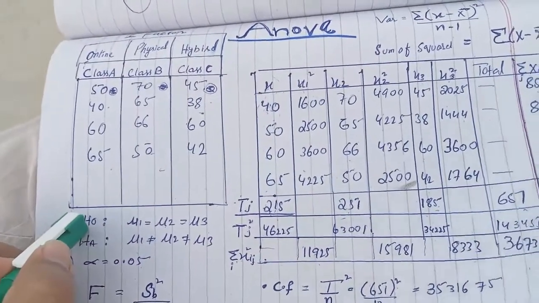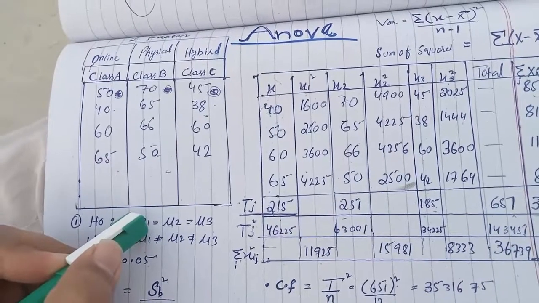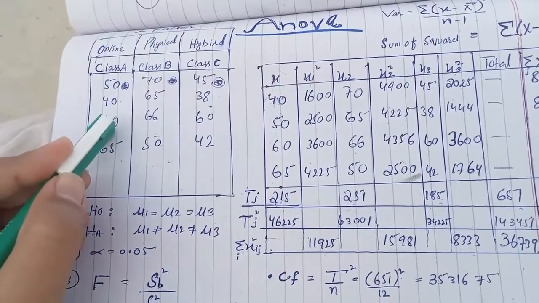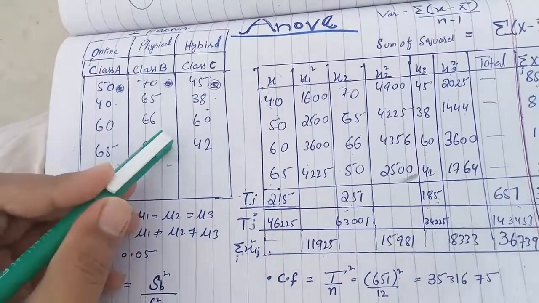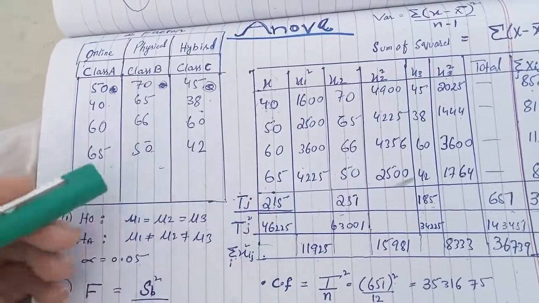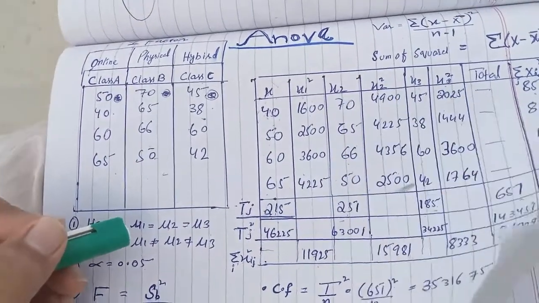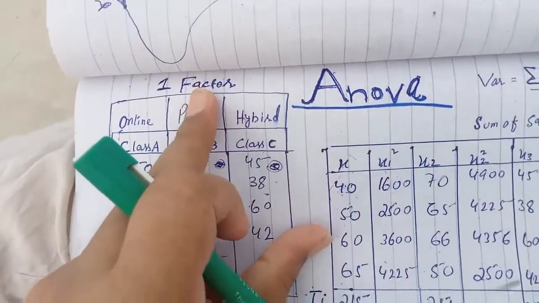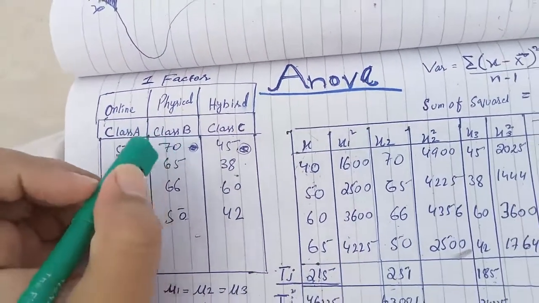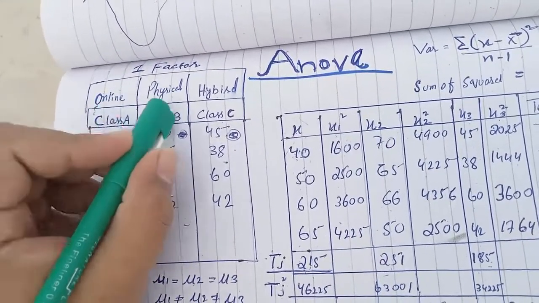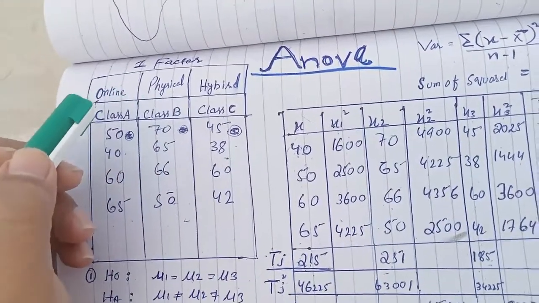Now we want to see, here is the assumption that the average marks of sample 1, which is class A, the average marks of class B, and the average marks of class C are equal. When there is one factor, which is the one factor? The one factor is the class model. For each class, a different model is applied.